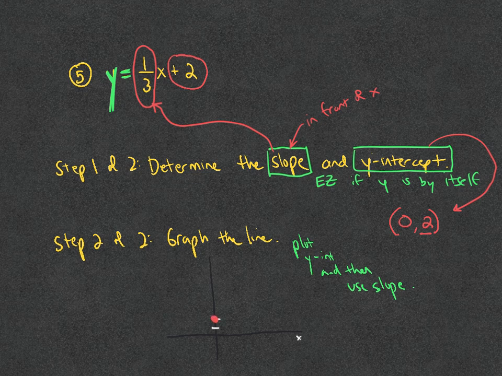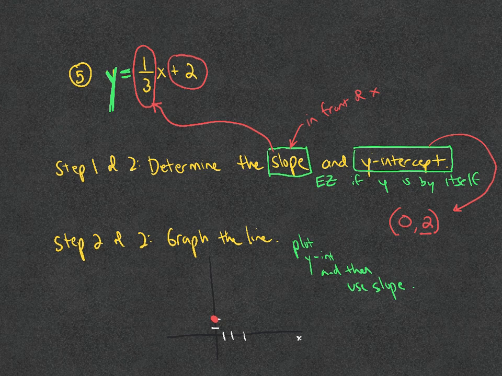And then we're going to rise, like I said, using the slope. We're going to rise 1. So we're going to go up 1 and then over 3. So starting from that 0, 2, the y-intercept, we're going to go up 1 and then over 3.